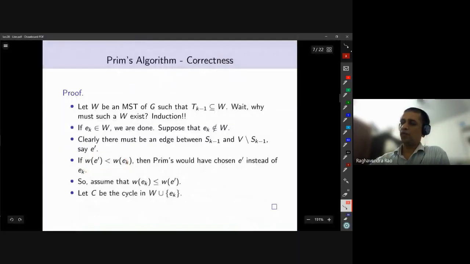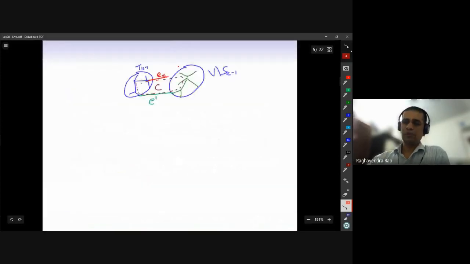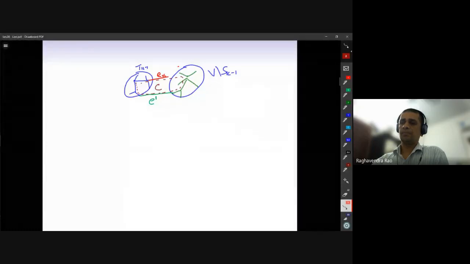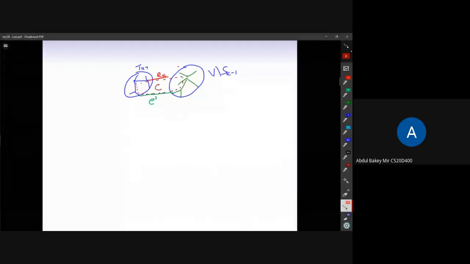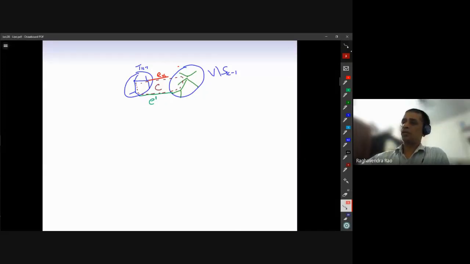So that is why we know that weight of Ek is at most that of weight of E prime. So even if you remove E prime, we are going to have a spanning tree, of course, right? What will be the weight of the resulting spanning tree? Less or equal.